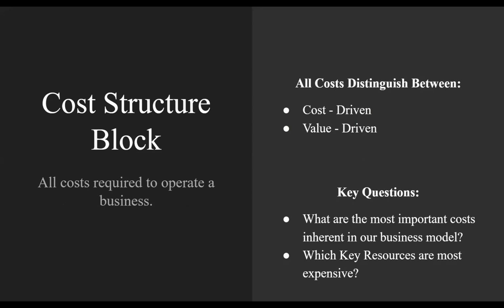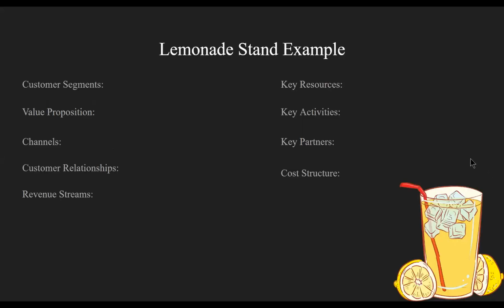It could be salaries, advertisement, finances, anything that requires you to spend money to continue the business. You could just write down these are our most expensive resources, and basically a financial summary of all your costs.